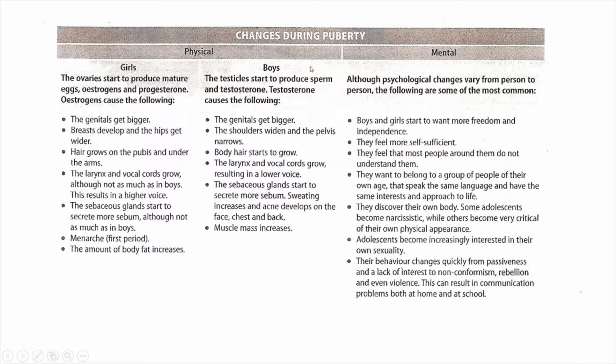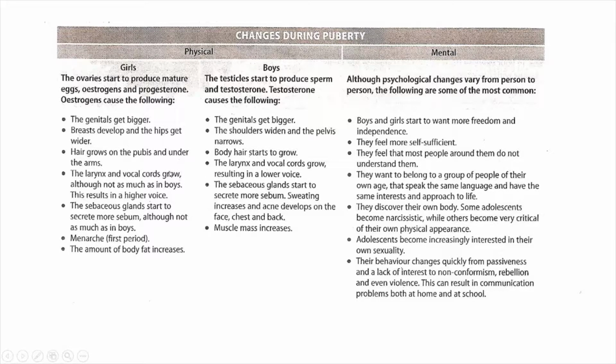So, which are these changes? Well, you're going to see that physical changes are not exactly the same in girls and boys, but they are very similar. Things that they have in common: the genitals in both get bigger. Hair grows in the pubis and in the armpit, under the arms. Body hair is the same in both of them.